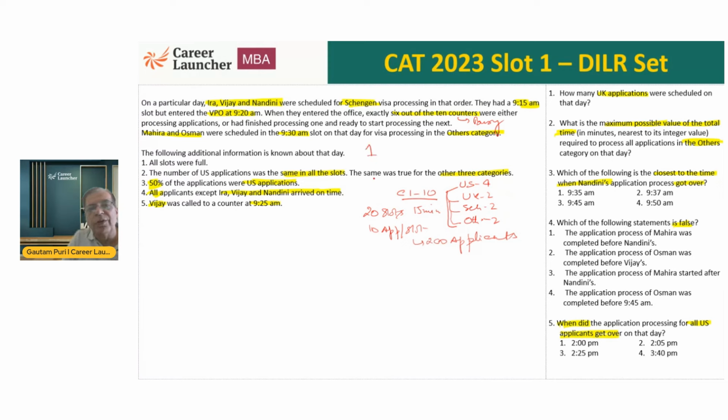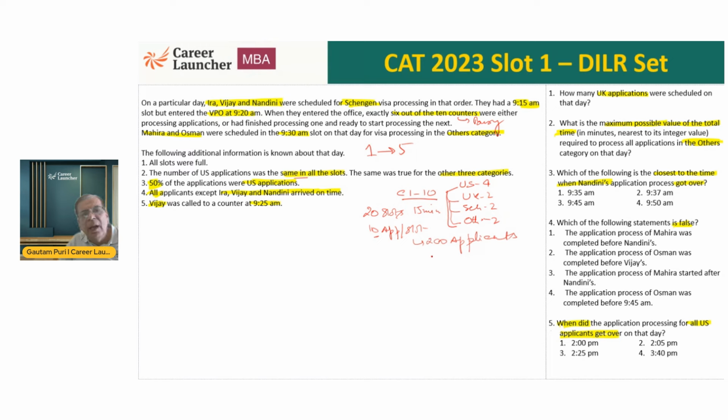Then I will go to question 5. Why question 5? Because it asks when the application processing of all US applicants got over on that day. I know the number of US applicants. How? It says 50% of the applications were US applicants, and the number of US applicants was the same in all slots. So out of the 200 applicants, there are 20 slots of 15 minutes each. Each slot has 10 applications.